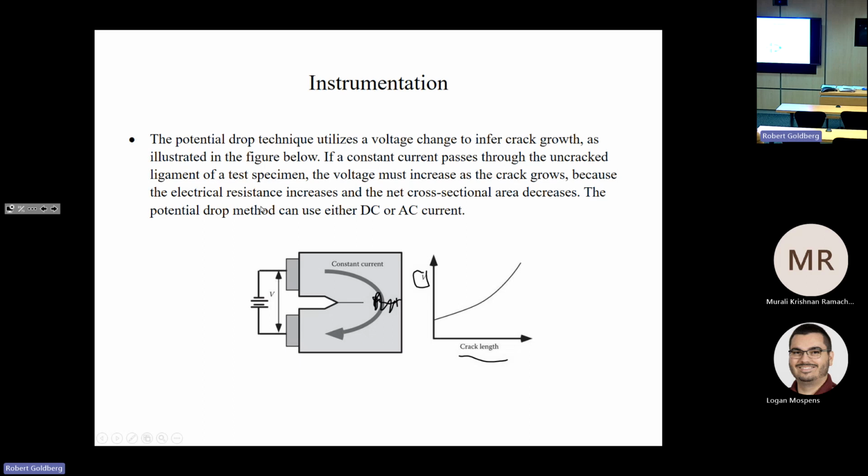Now there's also an unloading compliance technique, which we don't have a cartoon for, that allows crack growth to be inferred from the load and displacement transducers that are part of any standard fracture mechanics test. And we've shown some graphs of this when talking about the theory, where we partially unload the specimen at various points along the test in order to measure the elastic compliance, which is related to the crack length.